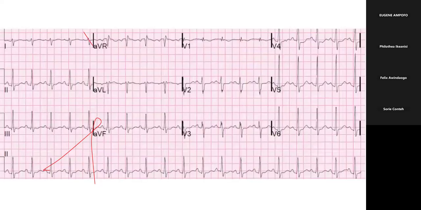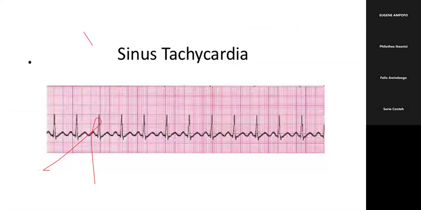So the next slide shows us the sinus tachycardia. This has a sinus heart rate of about 150 beats per minute. The next one is 100 beats per minute, showing us the sinus tachycardia with similar P waves.